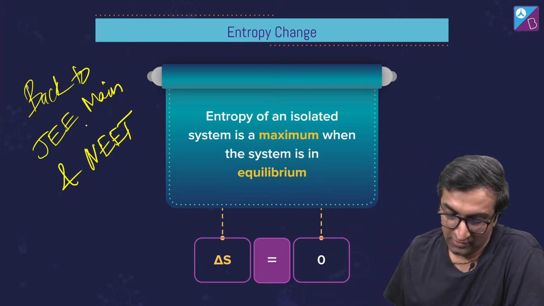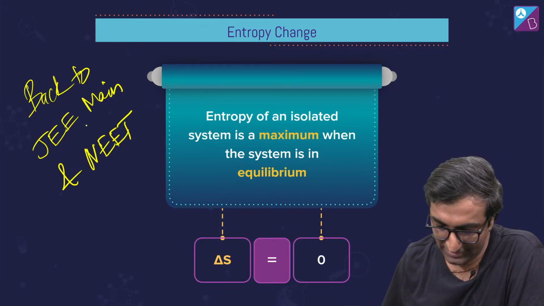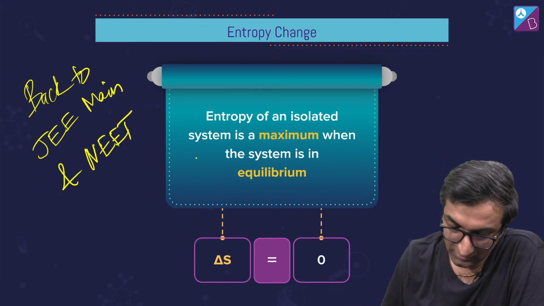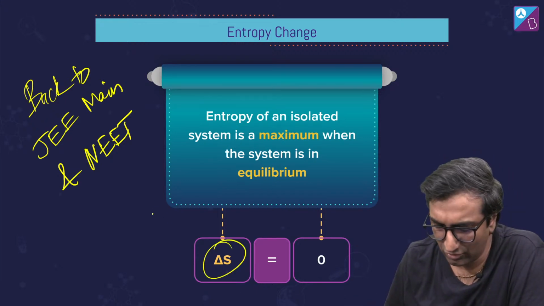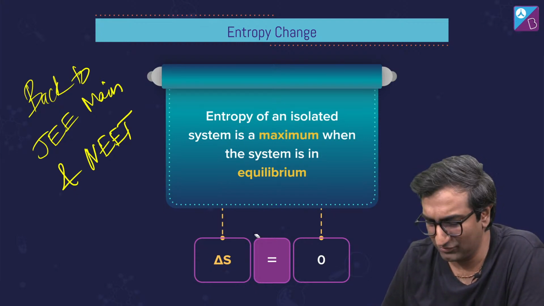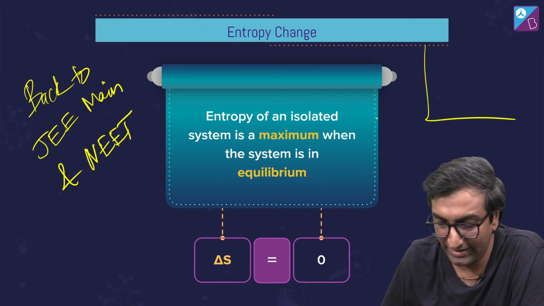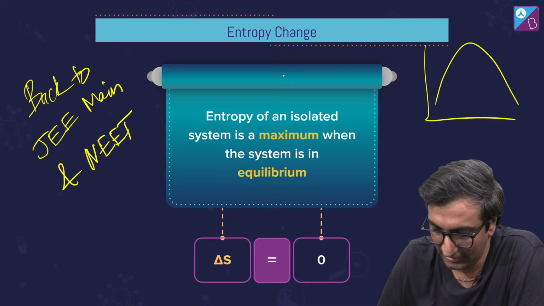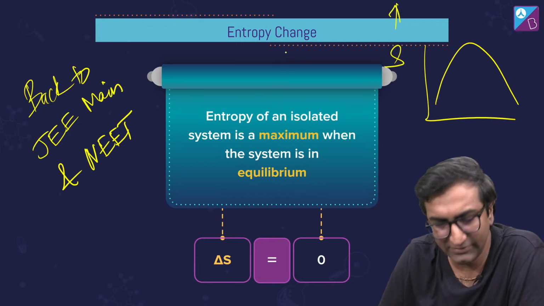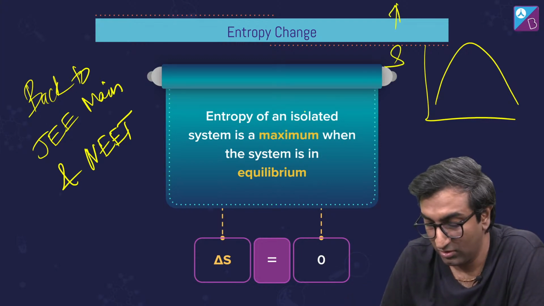ठीक है. सो अगर सिस्टम इक्विलिब्रियम पे है तो सबसे ज्यादा एंट्रोपी तब उसकी होती है, और delta S is equal to 0. इसका क्या मतलब है? अगर I would plot a graph, this is what this means. ठीक है? अगर some hypothetical graph, अभी इस ग्राफ का मतलब अभी मत पूछो, बाद में बताऊंगा. ठीक है?